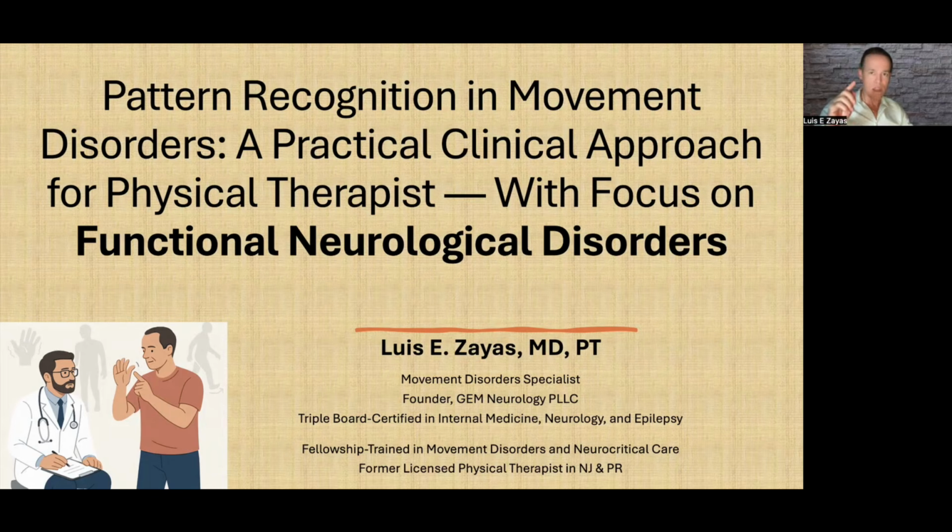Then, if you say yes, okay, the next question is, where is the problem? Location. Is the problem in the cortex? Is the problem in the brain stem, which is the back of the head? Is the problem in the spinal cord? Is the problem in the nerves, peripheral nerves, or in the neuromuscular junction, or the muscle? But in movement disorder, that doesn't help you. Location is not too important.